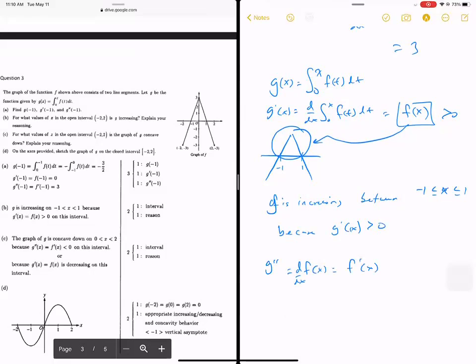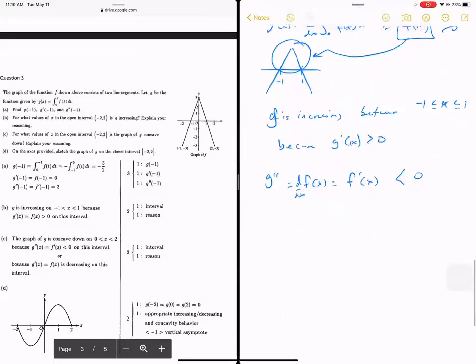Okay. Now, when is f prime negative? So when do you have the slope? Looking back at our original graph, when is f's derivative, when is f's slope negative? Well, is it negative on the left side or is it negative on the right side? Hopefully you see it's negative on the right side.